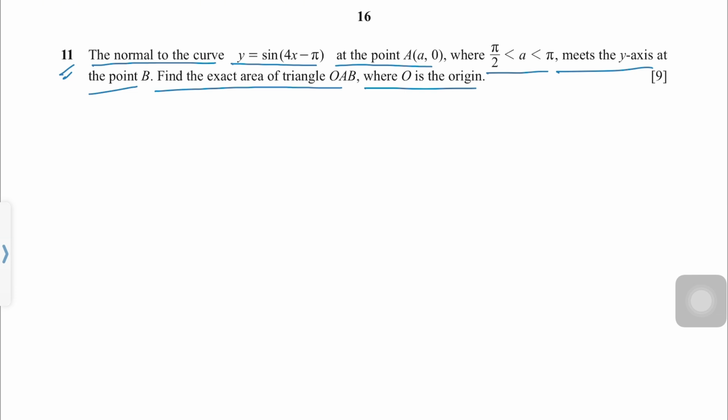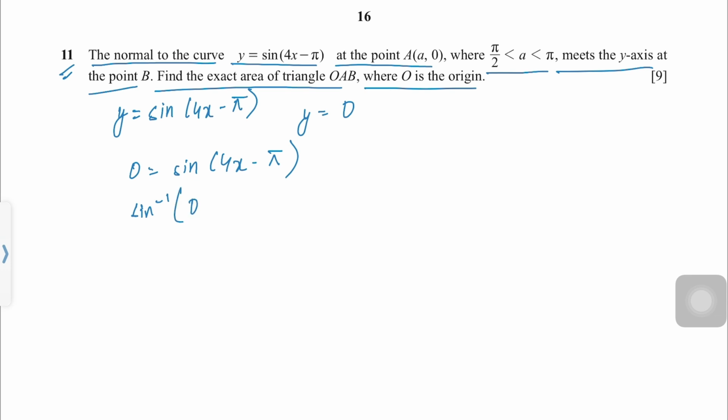For A, we'll be substituting y as 0 in the equation y equals sine(4x minus pi). Since y is 0, this would be sine(4x minus pi). This would be sine inverse 0 is equal to 4x minus pi.